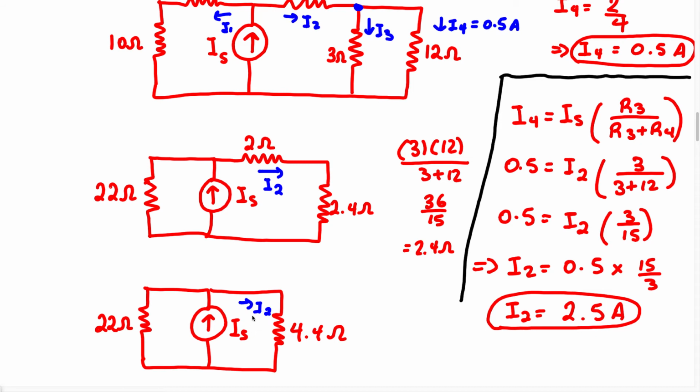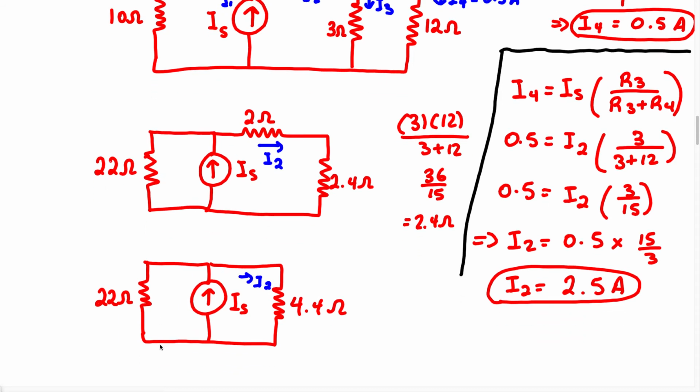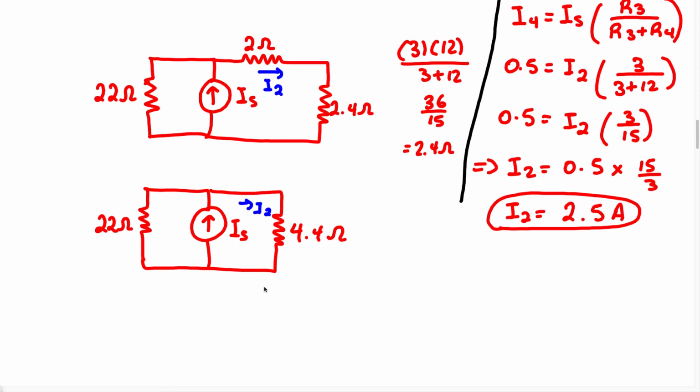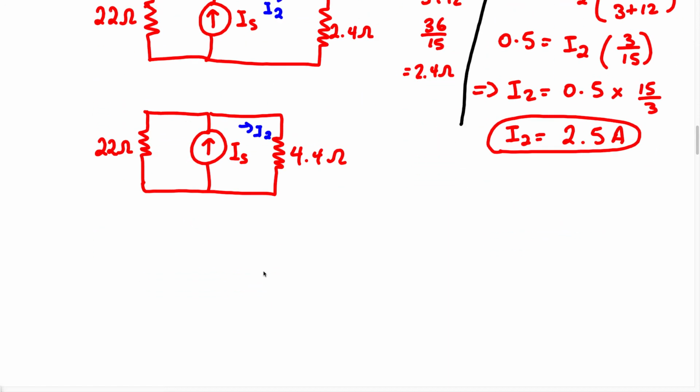So if they want us to find the current IS, which is the current in this source, and we have two resistors in parallel, and we know the value of the current flowing through one of those resistors, all we're going to do is use current division to find the current source, right? Now let me just redraw this. That way you have a better understanding and you can actually view this circuit the way you probably are used to seeing it.